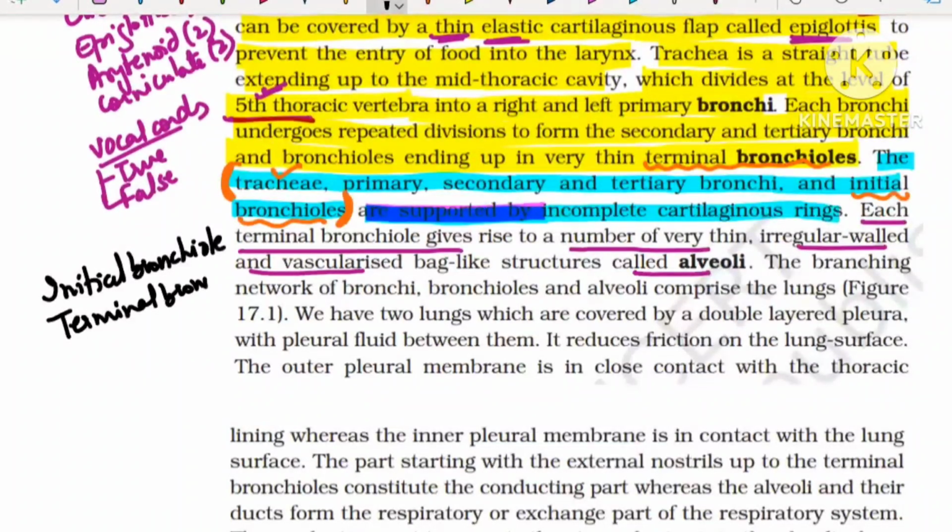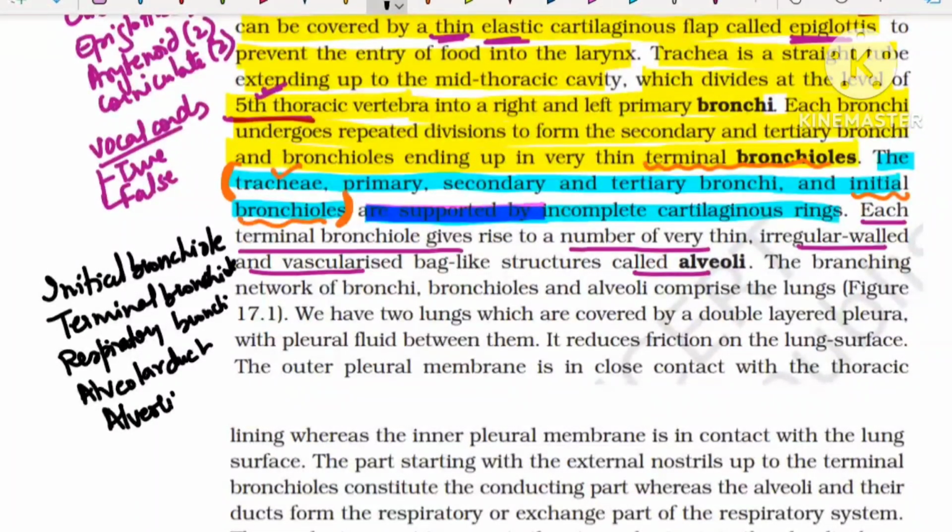Then the respiratory bronchiole, which is given in your 10th class diagram-based life processes, and then will come the alveolar duct and alveoli. Sequence again I'm writing, I hope you are comfortable now.